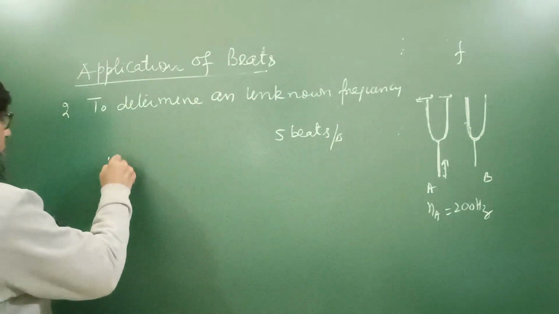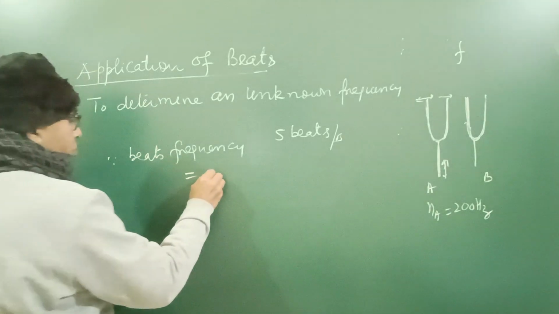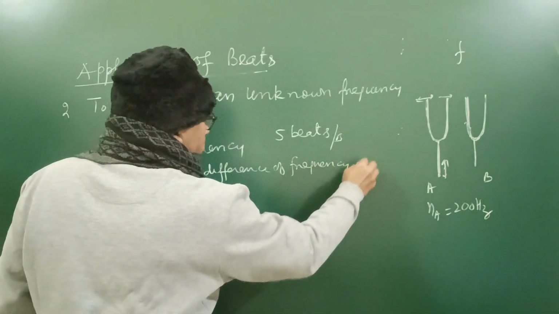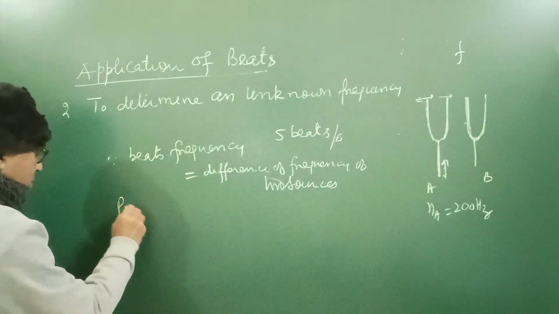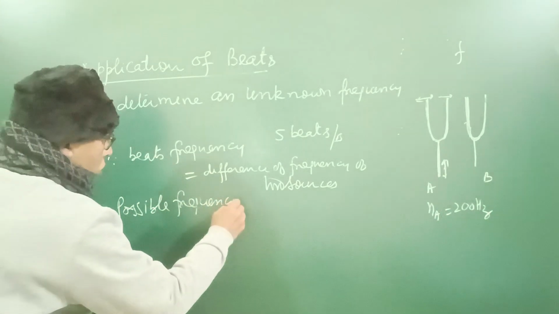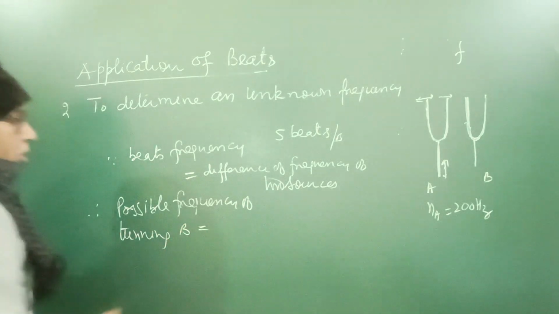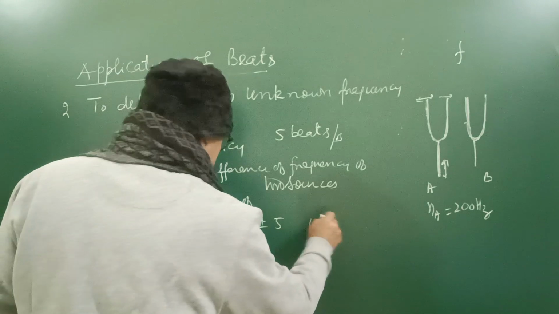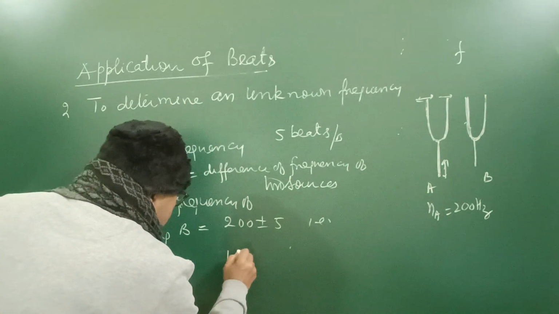So the possible frequency of tuning fork B is 200 plus or minus 5, that is 205 or 195.